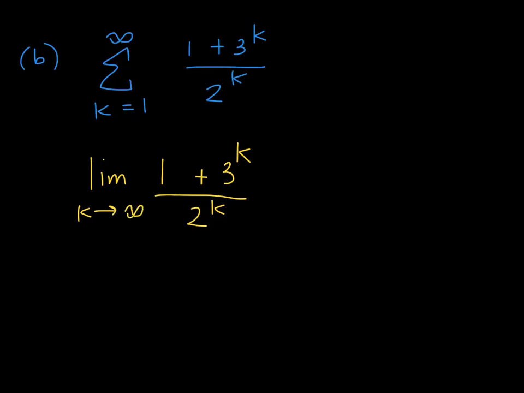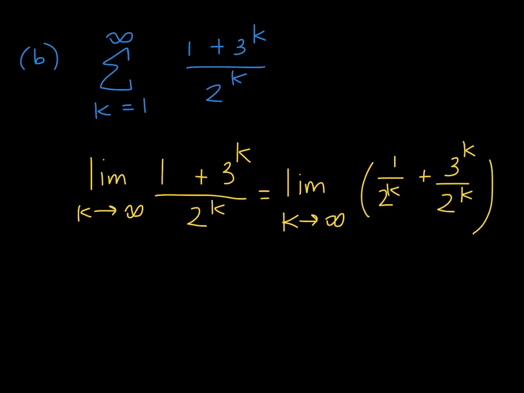All right, so I think what we can do here is split up the fraction. In other words, this is equal to the limit as k goes to infinity of 1 over 2 to the power of k plus 3 to the k over 2 to the power of k.